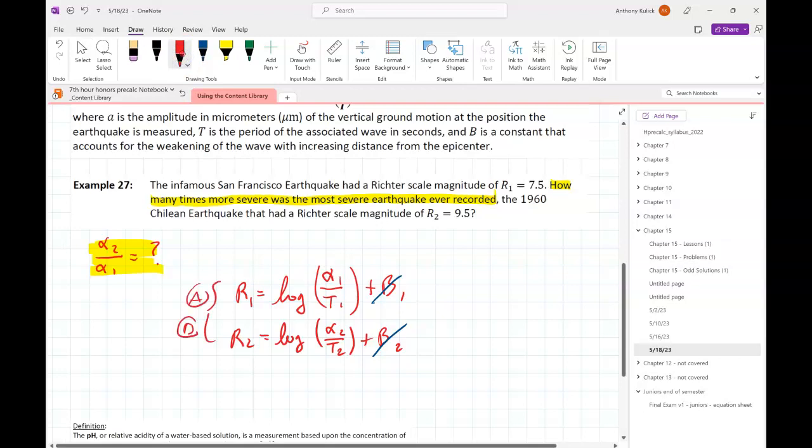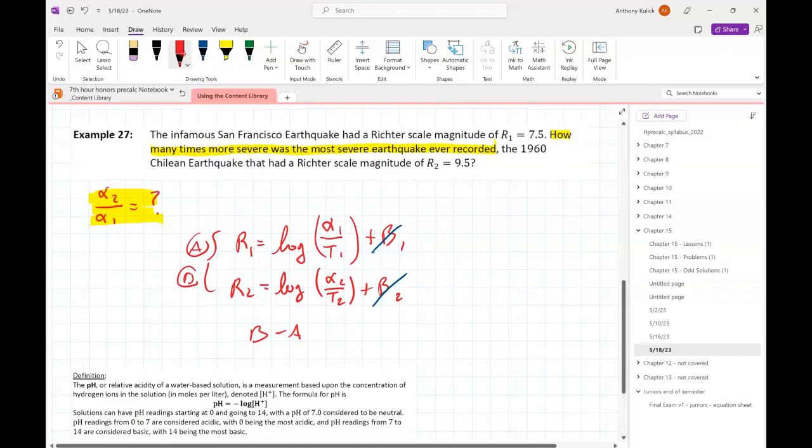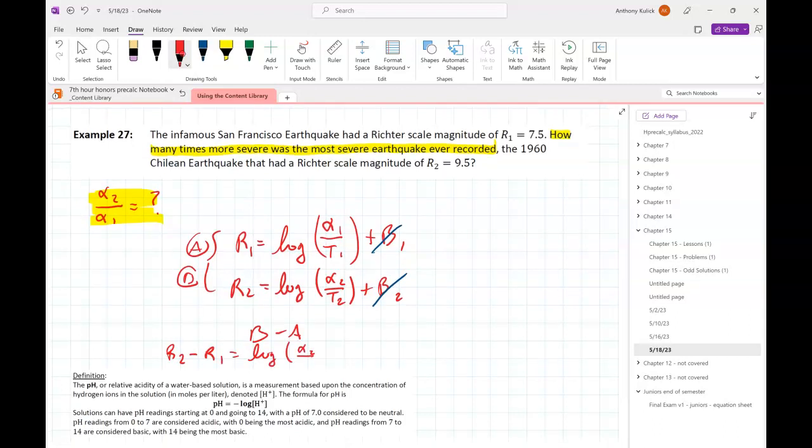I guess I'm just going to think about this as a system of two equations. And since I want to compare the strong one to the weaker one, I'm going to do equation 1 minus equation 2.